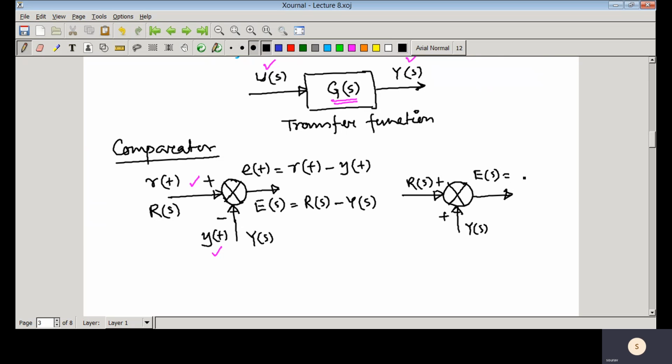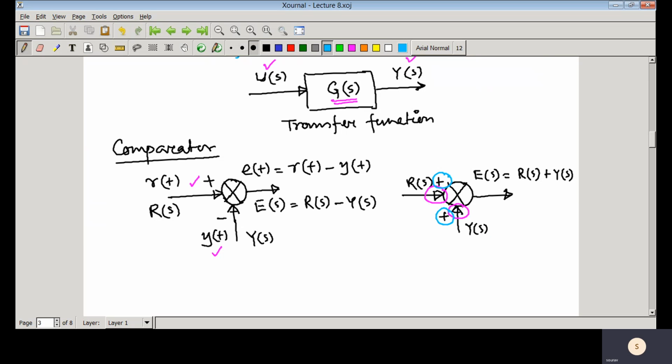E(s) equals R(s) plus Y(s). So whenever you represent that comparator, the important things are: first, you need to put that arrow, and another thing is you need to show whether it is plus or minus.